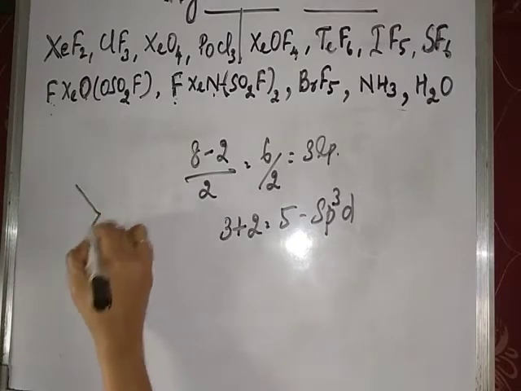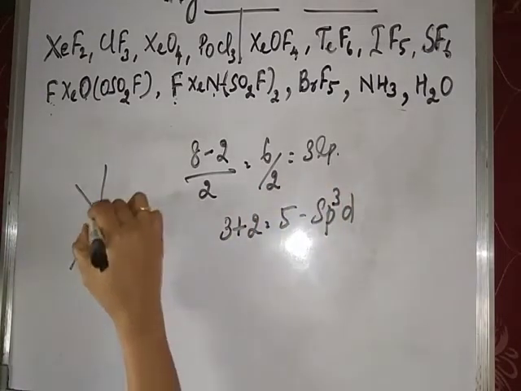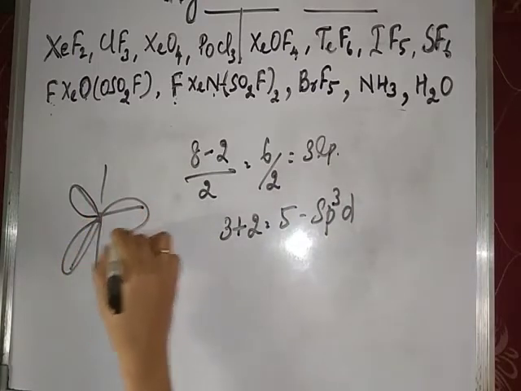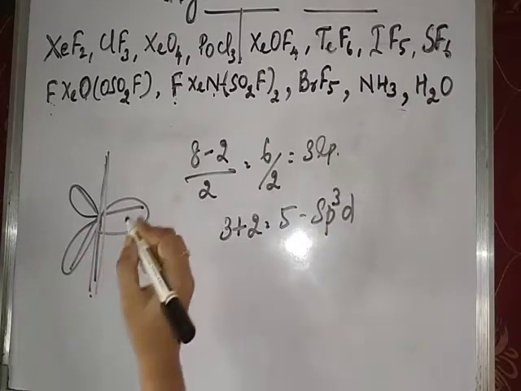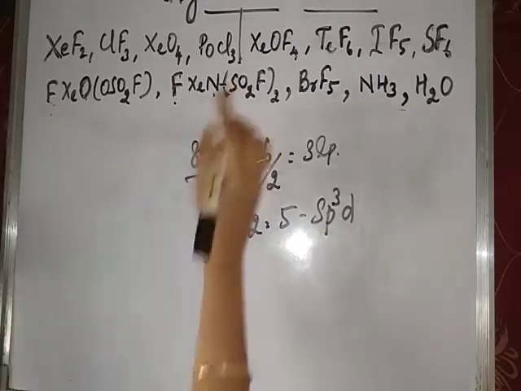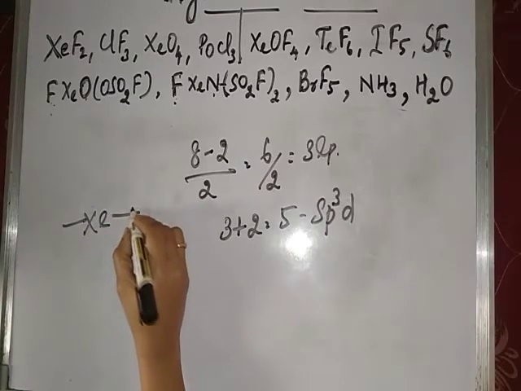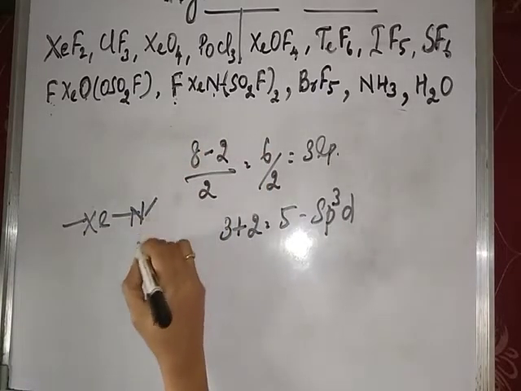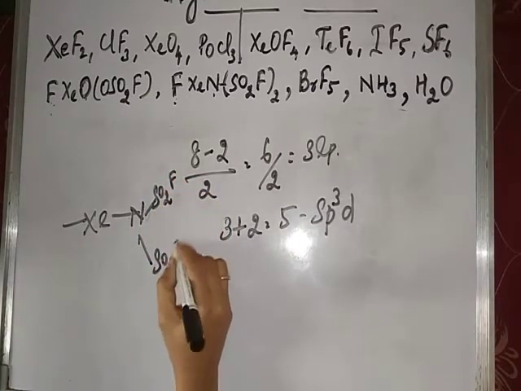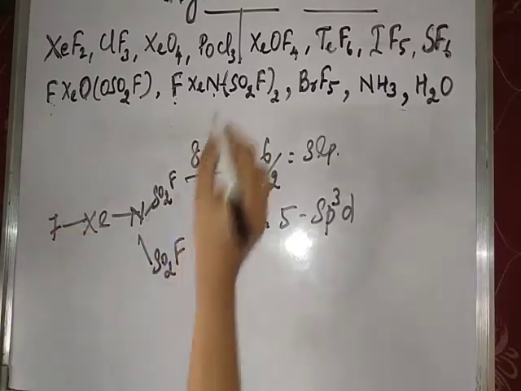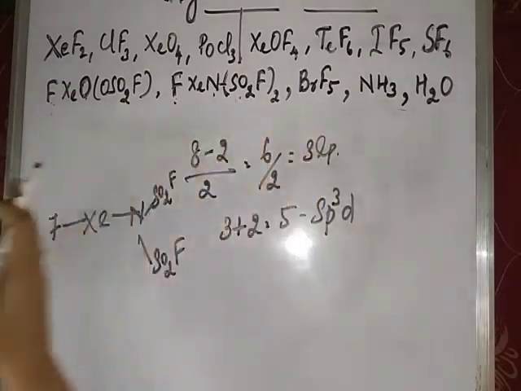This is the base structure. 3 lone pairs are there, so here one lone pair, here one lone pair, here one lone pair. So the structure is a linear structure. If it is a linear structure, how do we write it? Xenon, one side is nitrogen bonded with 2 SO2F, and the other is fluorine. This is the structure for this one. While looking, it looks hard, but it's a very simple compound.